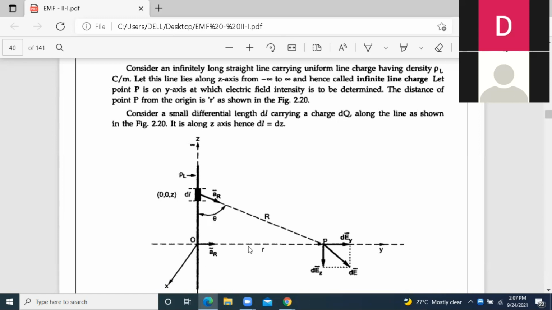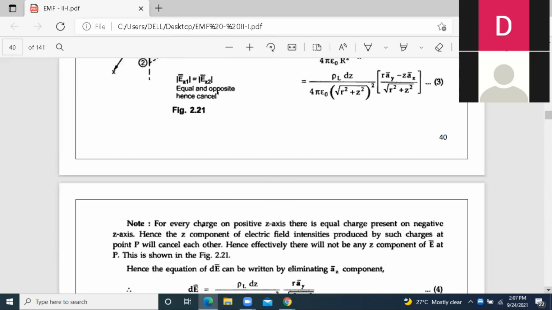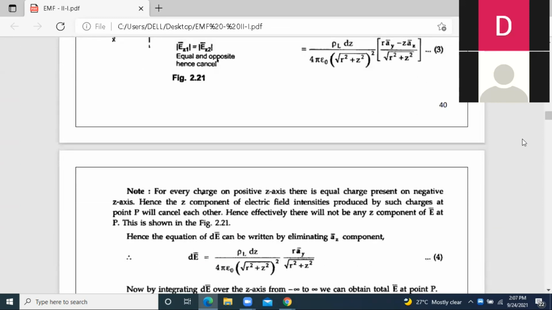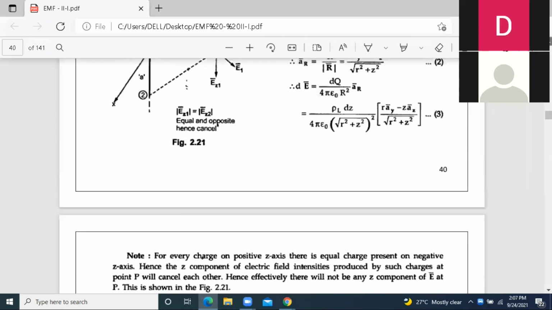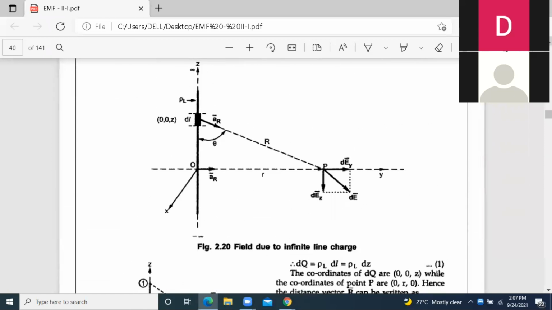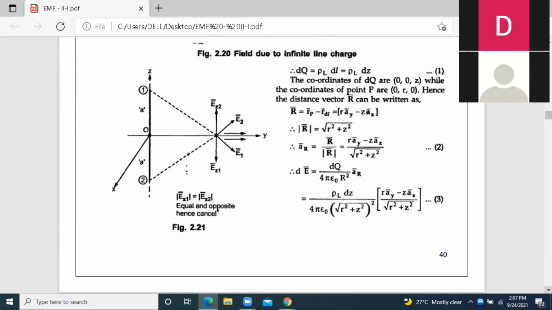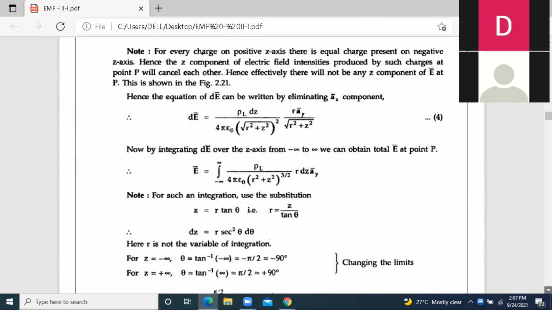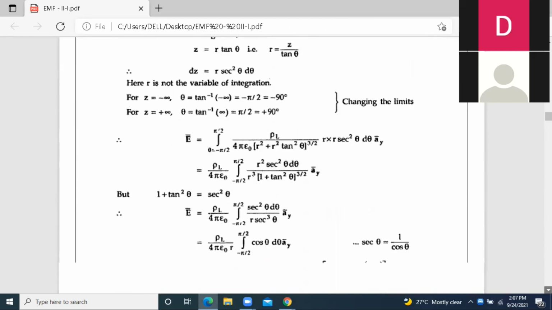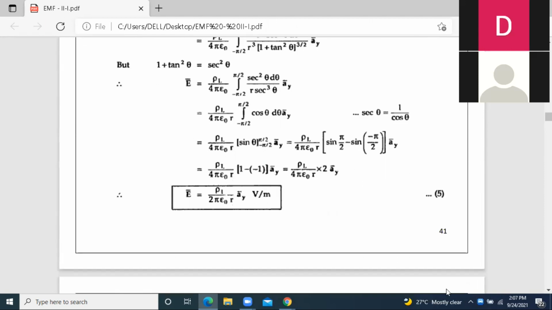We did this, and we went through all of this, all of that, and get electric field to be equal to this.